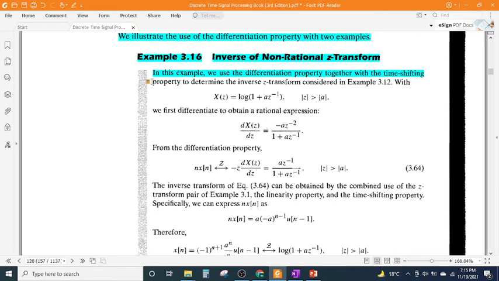Y(z) = Σ_k x1[k] Σ_n x2[n-k]z^{-n}. Changing the index of summation in the second sum from n to m = n-k, we obtain Y(z) = Σ_k x1[k]z^{-k} Σ_m x2[m]z^{-m} = X1(z)X2(z).